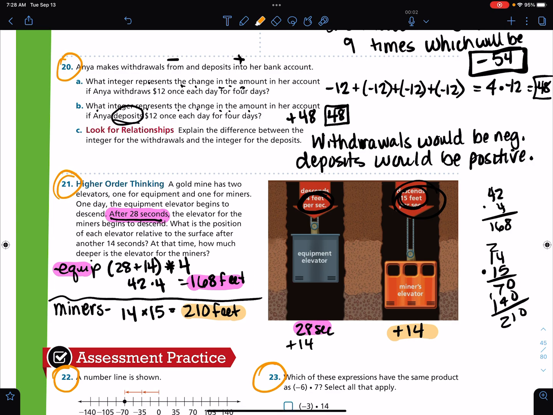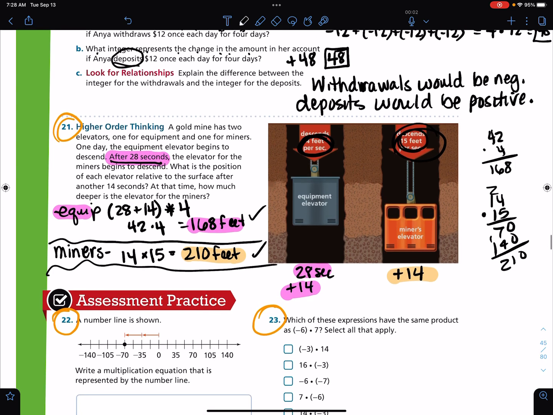Okay. So let's make sure we've answered the question. What is the position of each elevator relative to the surface after another 14 seconds? So I've done part 1, yes. Part 2, at that time, how much deeper is the elevator than the miners? Oh. All right, fun. So we need to find the difference between the two.